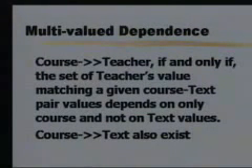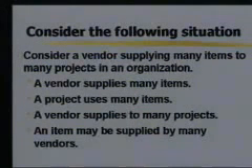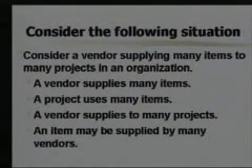But is it complete? No, we still have one more problem probably. Now, how that problem can be visualized is through a situation. Let's consider a vendor supplying many items to projects in an organization. Now, what are the constraints in that? A vendor can supply many items, a project can use many items, and a vendor can supply to many projects.